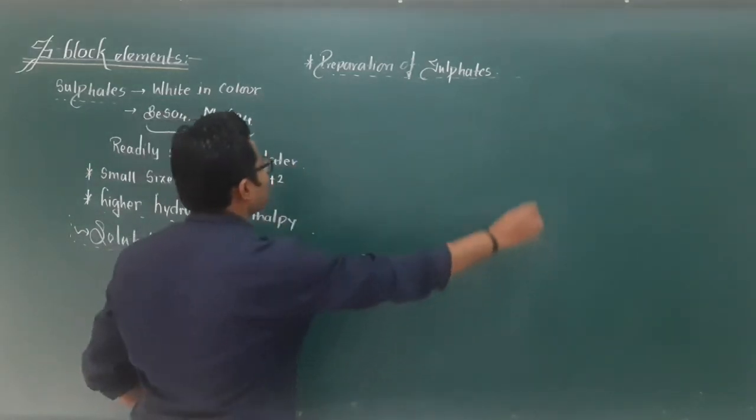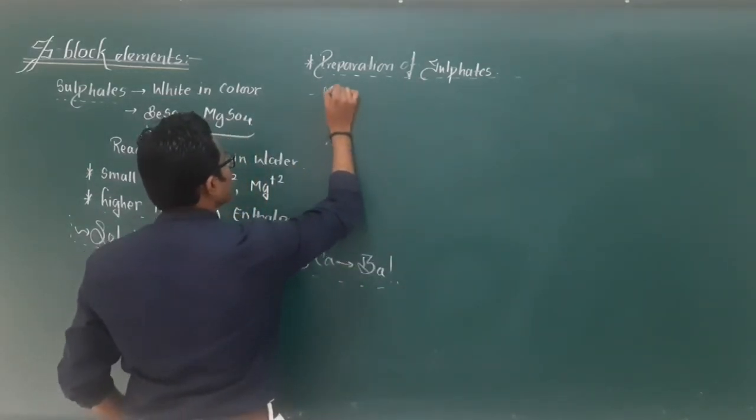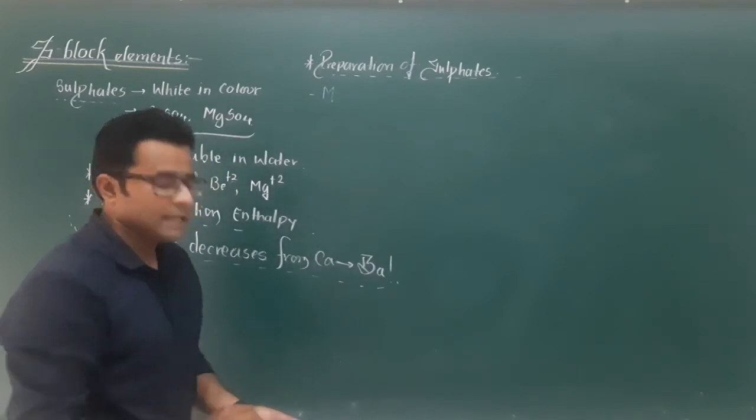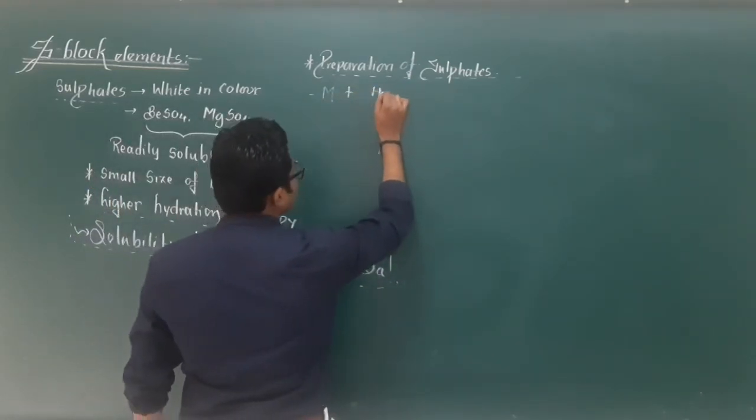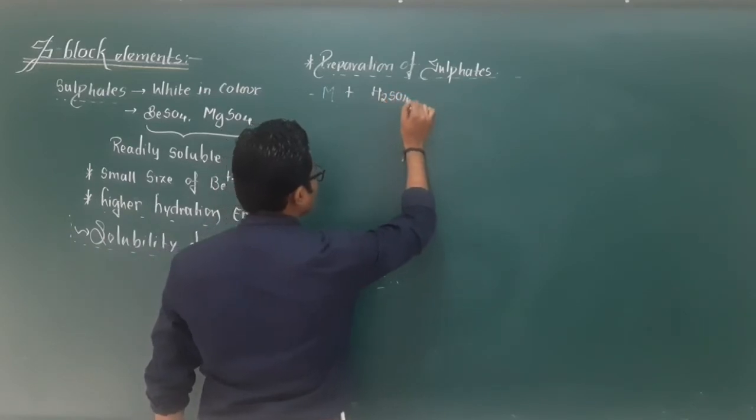For the first one, let's say we have a simple metal. This metal is going to be reacted with sulfuric acid, H2SO4.